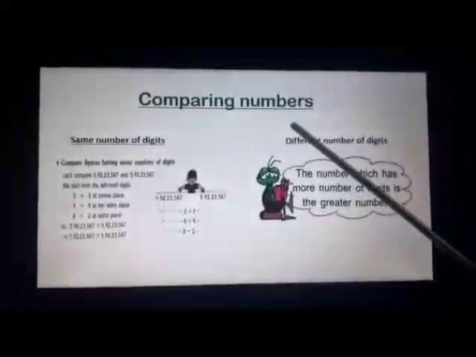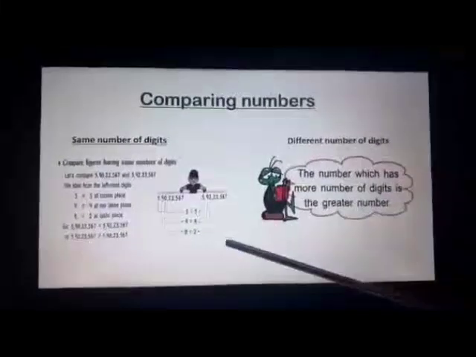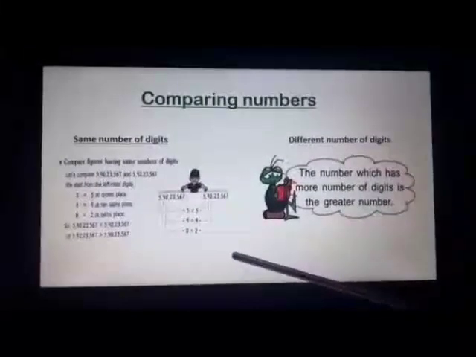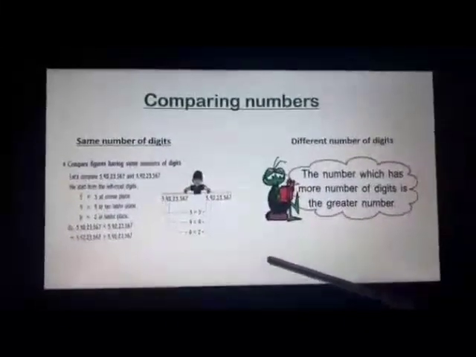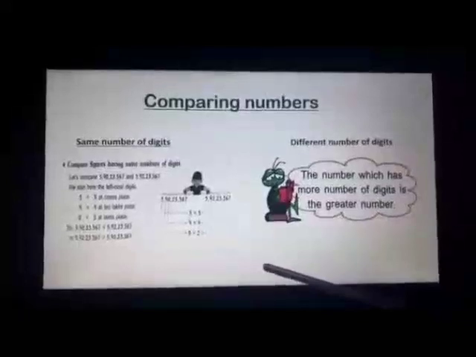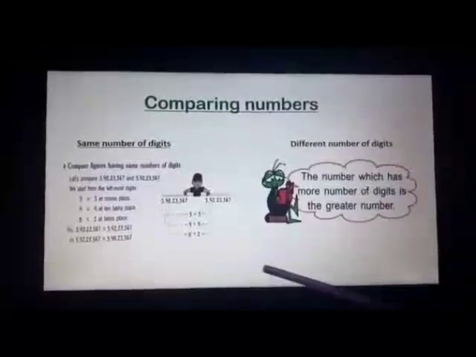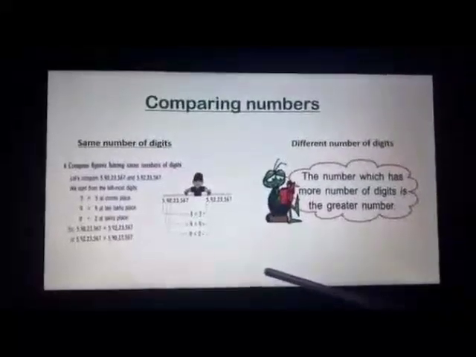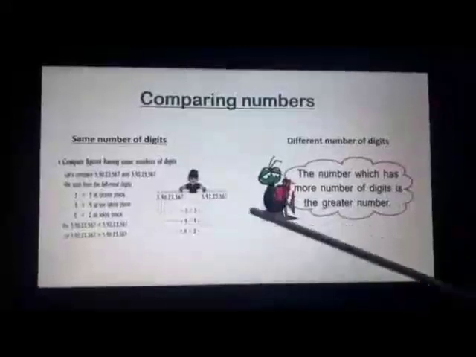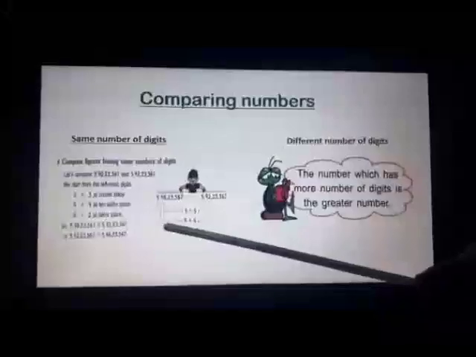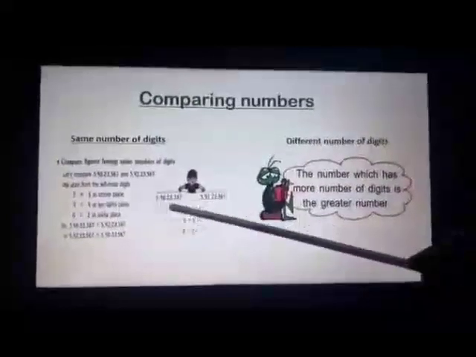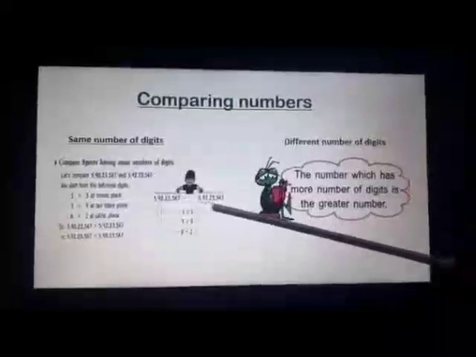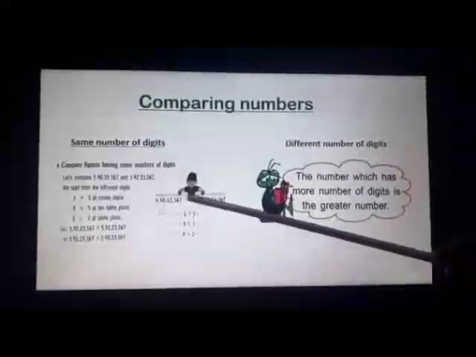Let us go to the next slide. Now, comparing numbers. Comparing numbers uses the crocodile sign: greater than, less than, equal to. Comparing can be done with 2 numbers, 3 numbers and more. For that we have 2 options. If they have the same number of digits, we see place by place. Here the number of digits is the same.